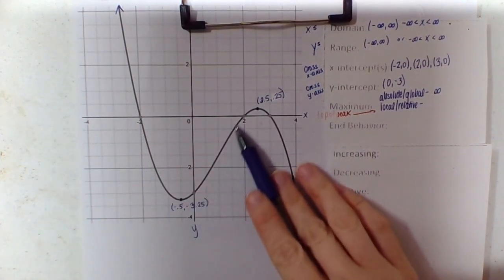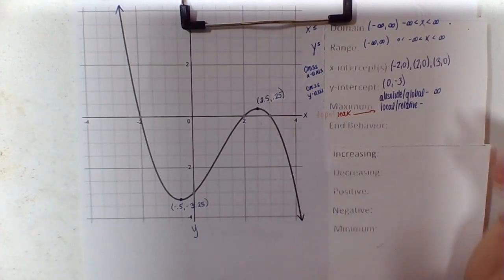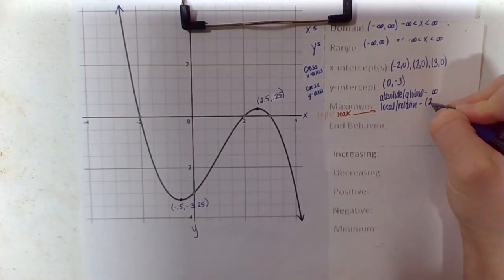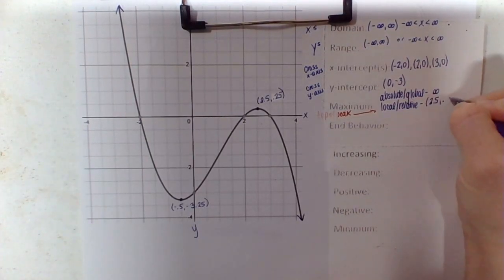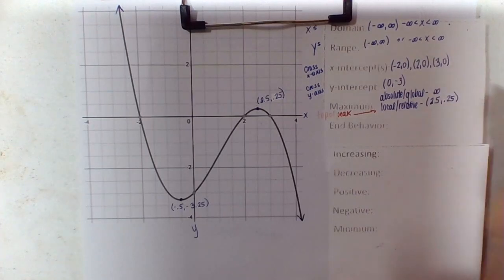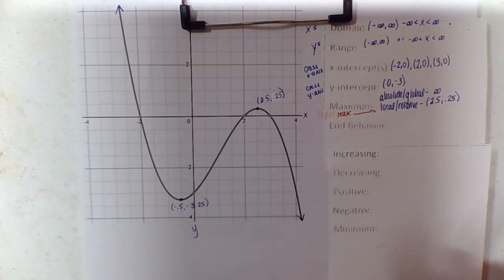So we're going to see, where do we have the top of a peak? We have that at 1 point, (2.5, 0.25). A maximum is also, we're going to look at it in a little bit, where we're going to change from increasing to decreasing.